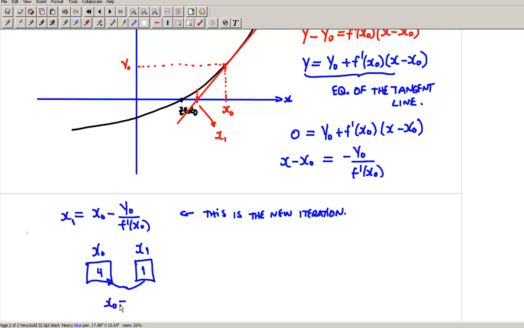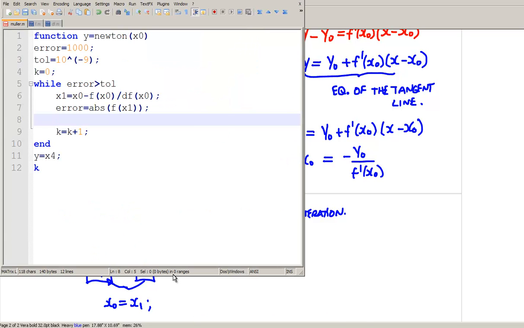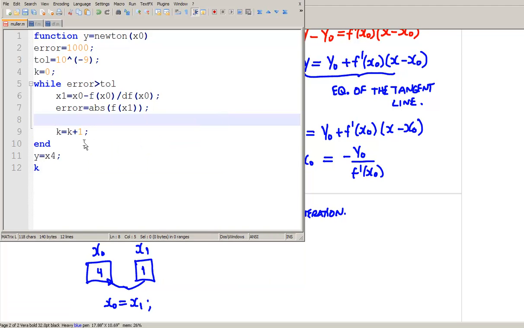So all I have to do is say x naught takes the value of x1. We're transferring the values because the new iteration uses the old iteration. So let's put that in there: x naught equals x1, and that's it. The output here should be x1.